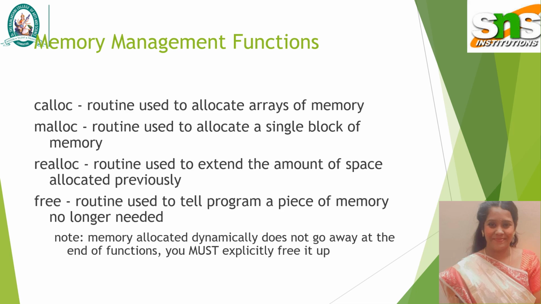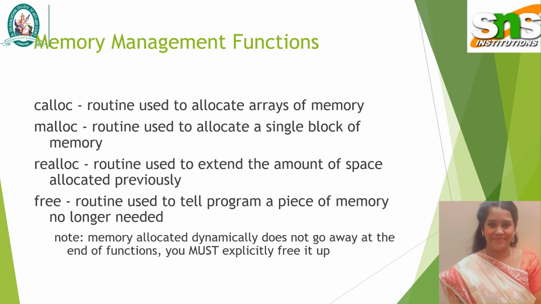So calloc is a routine that is asked to allocate arrays of memory in a particular category of allocations in the memory management function. When we go for malloc, it is a routine that is used to allocate a single block of memory. Compared to calloc, malloc is used for allocating the whole as one.